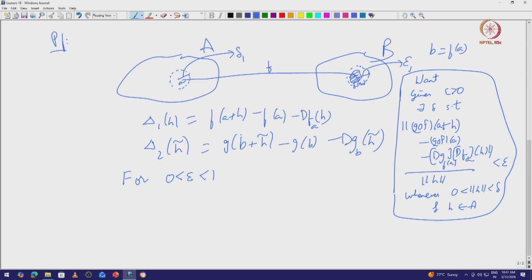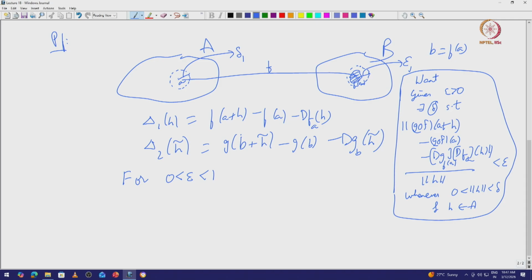Now you want this to be less than epsilon, so you want to choose some delta small enough so that this is accomplished. If the epsilon you're given is larger than 1, no problem, choose some epsilon which is less than 1. If this is less than that epsilon, surely it's less than the epsilon that you gave me. So without loss of generality, you can assume this.